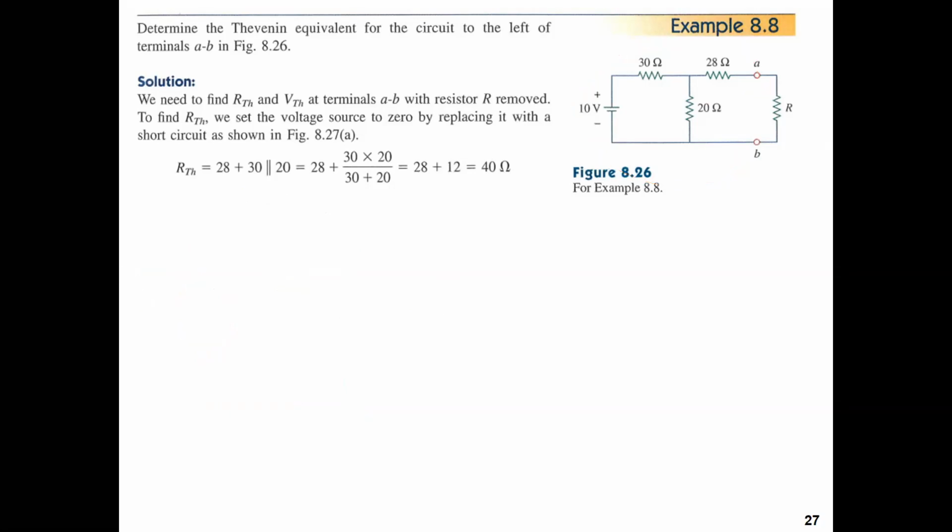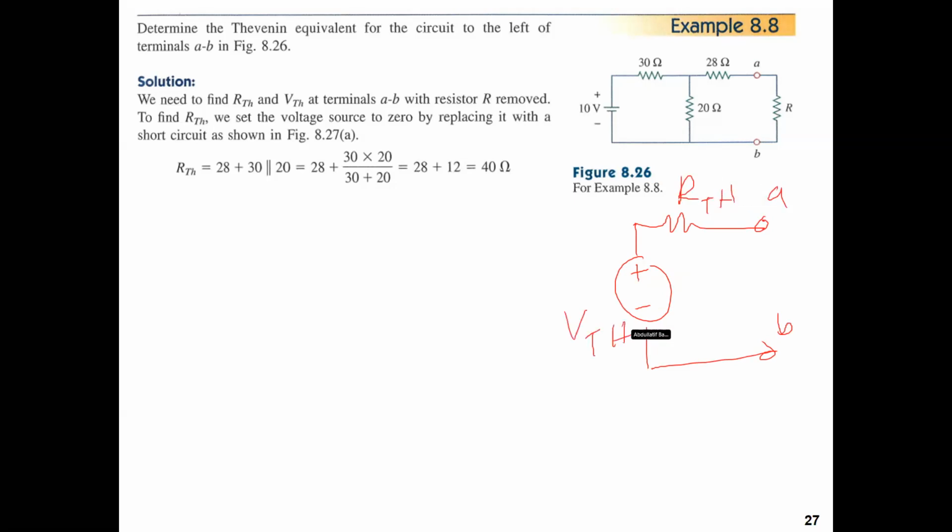Okay, so again, let's redraw the Thevenin equivalent circuit. Here's AB, here's RTH, and here's VTH.